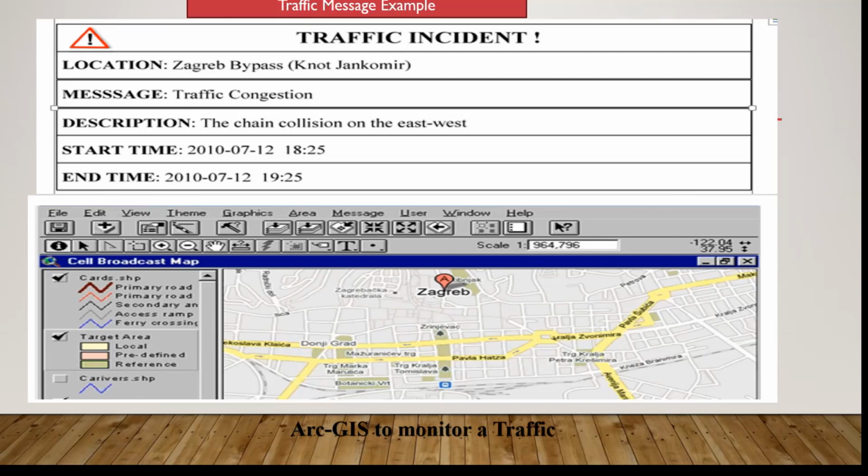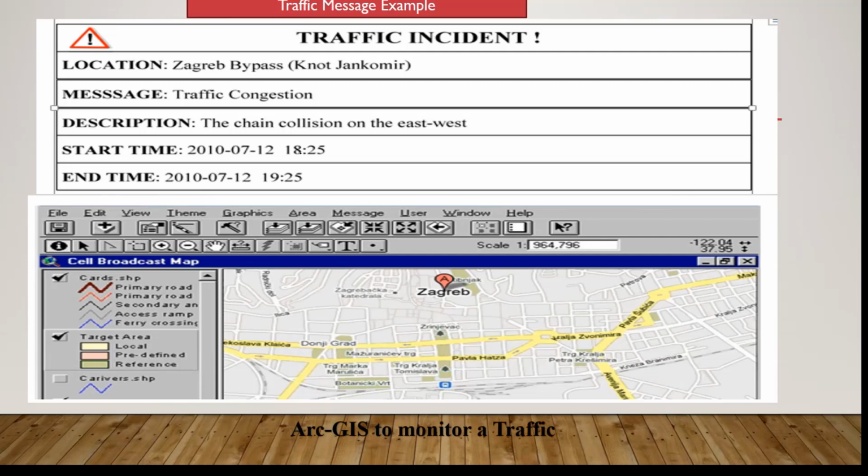We also use the alphanumeric system along with CBS or the geographic information system in order to use a graphical user interface through which we can send information.